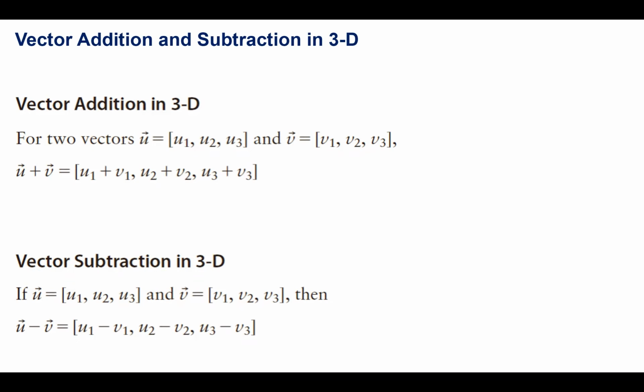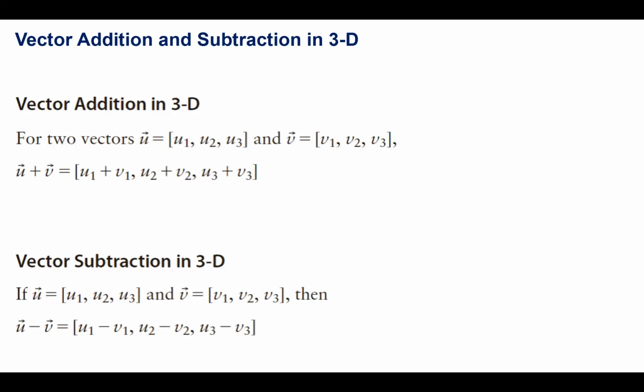So first, let's have a look at vector addition in 3D. For two vectors u, (u1, u2, u3), and v, (v1, v2, v3), the addition of these two vectors, u plus v, is given by (u1 plus v1, u2 plus v2, u3 plus v3).